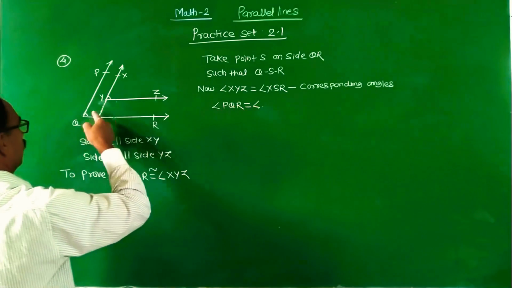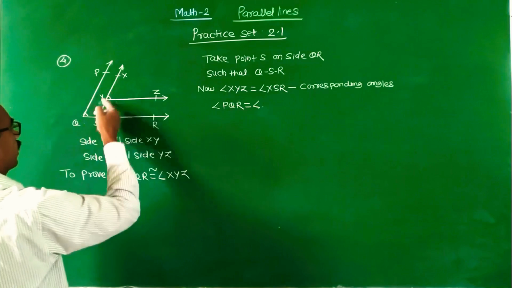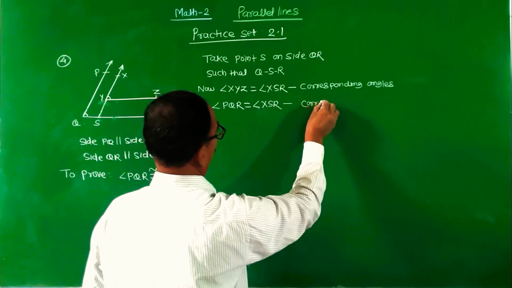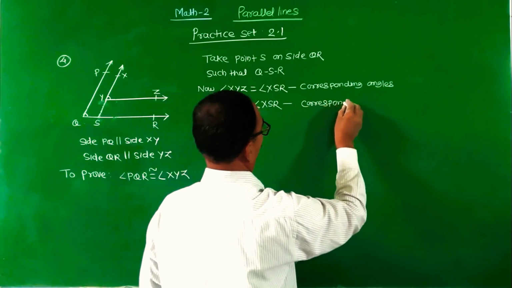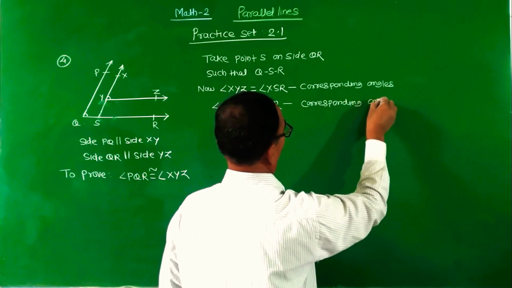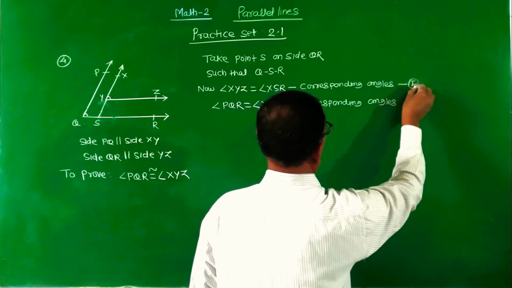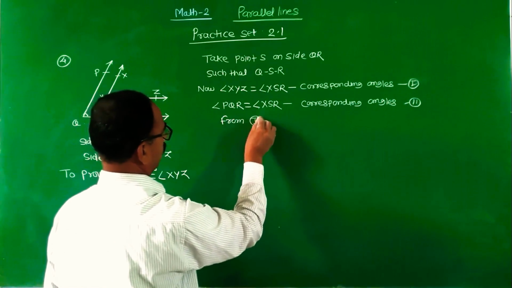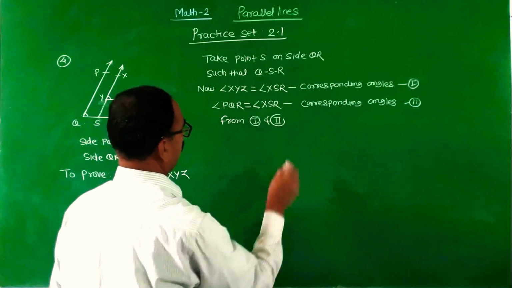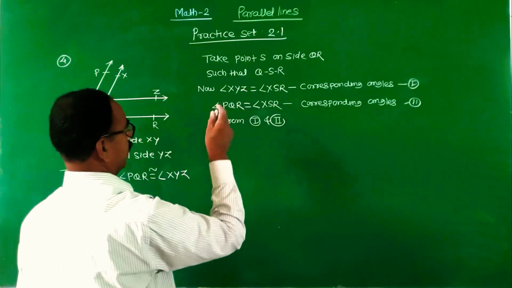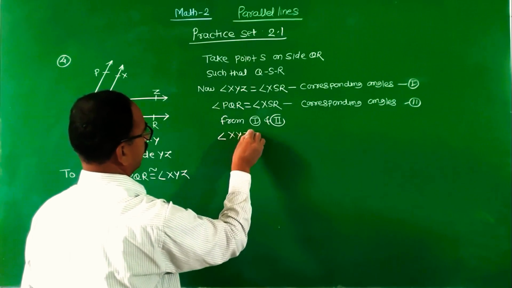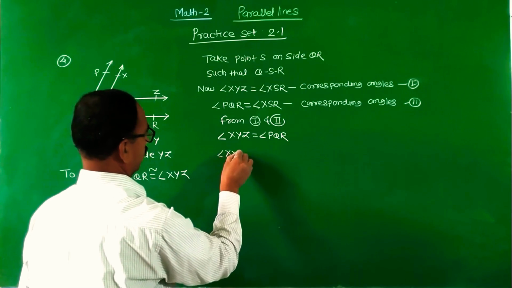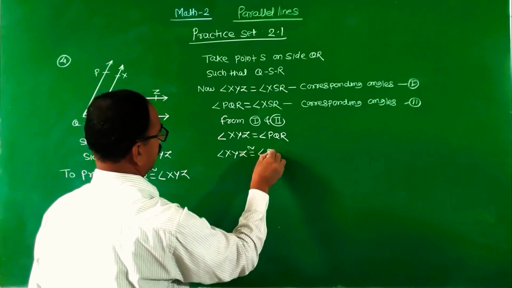Angle PQR and XSR are also corresponding angles. So this is our first equation, this is the second equation. From 1 and 2, the right hand sides of both equations are equal, and therefore we can also write the left hand sides as equal. So angle XYZ is equal to angle PQR. So angle XYZ is congruent to angle PQR.